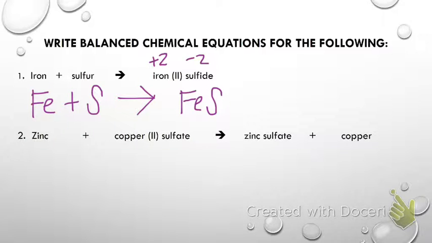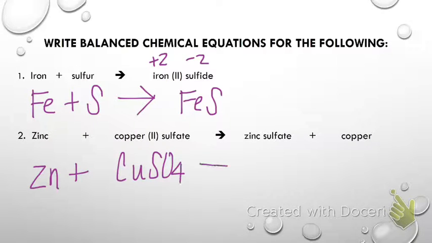Okay, next one is zinc. Earlier, Abby was so kind to tell us that zinc is Zn because it's metal plus copper 2 sulfate. Who wants to tell me how to write that? Copper 2 means it's a +2. You're going to need your pink sheets, people. CuSO4. Very good. Okay?